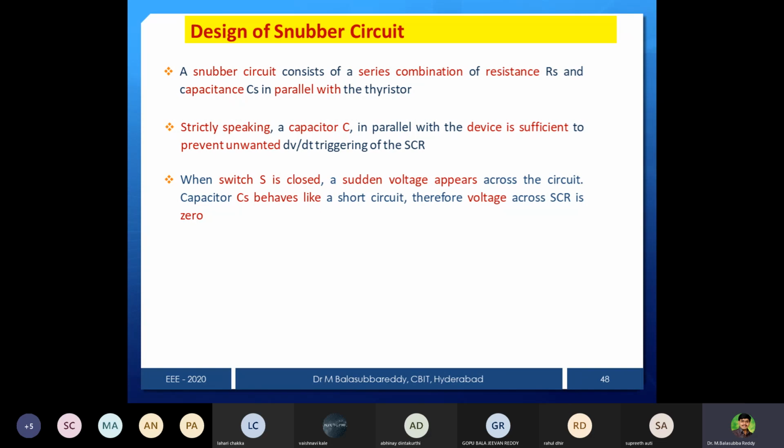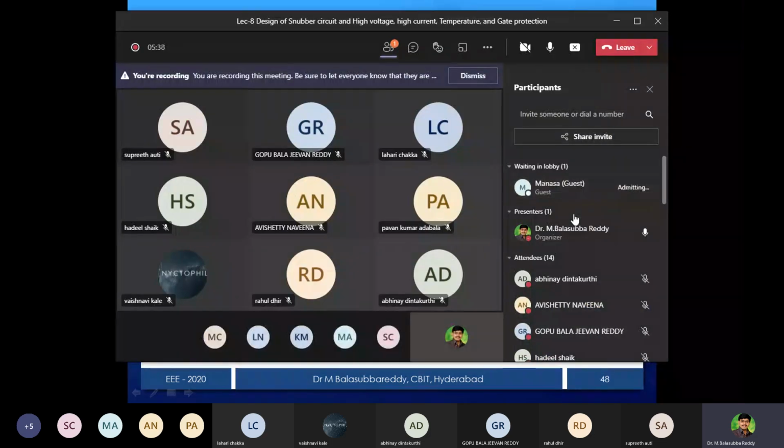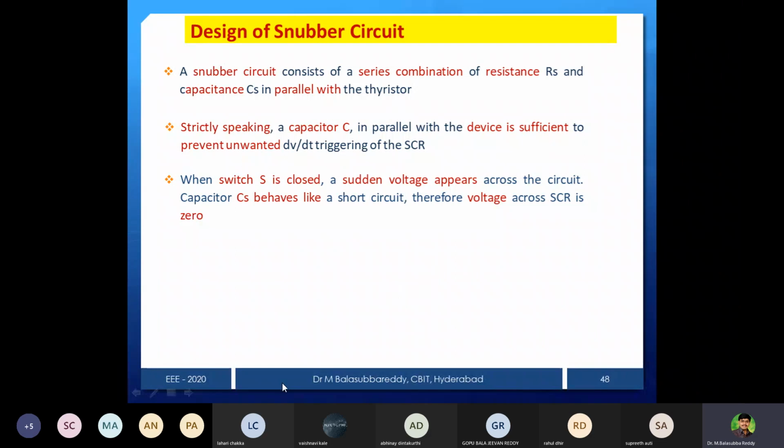So that voltage now is parallel with the device only. Our intention is to minimize the voltage across the device initially, meaning dV by dt should not be more than the specified. So that is the reason.